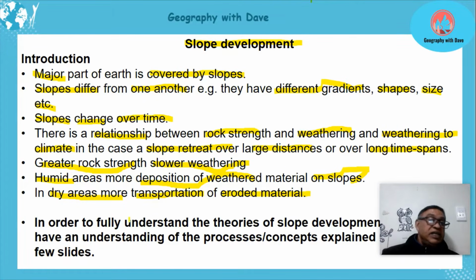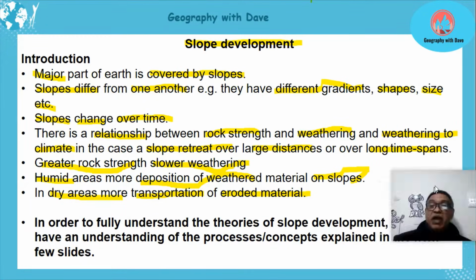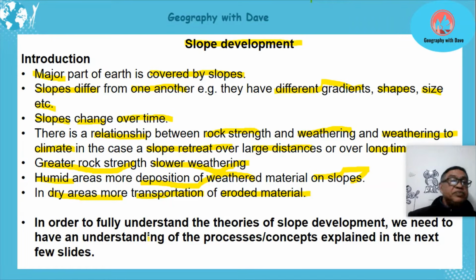Now, I know there'll be more facts coming into this, but I felt this gave me a good introduction into the processes of slope development. I've learned something, learners, and I found this to be a huge success when doing geography.